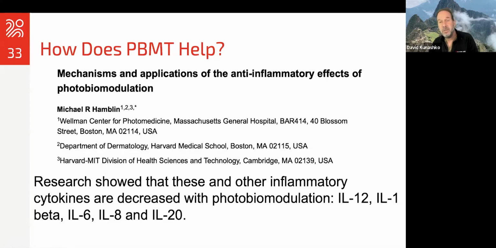And what he concluded and they found was that inflammatory cytokines like interleukin 12, 1 beta, 6, 8, and 20, there's some others as well, are all decreased when these immune cells are exposed to red and infrared light. So it shifts the secretion of pro-inflammatory mediators and slows them down or starts shutting them down, and therefore inflammation goes down and therefore less pain.